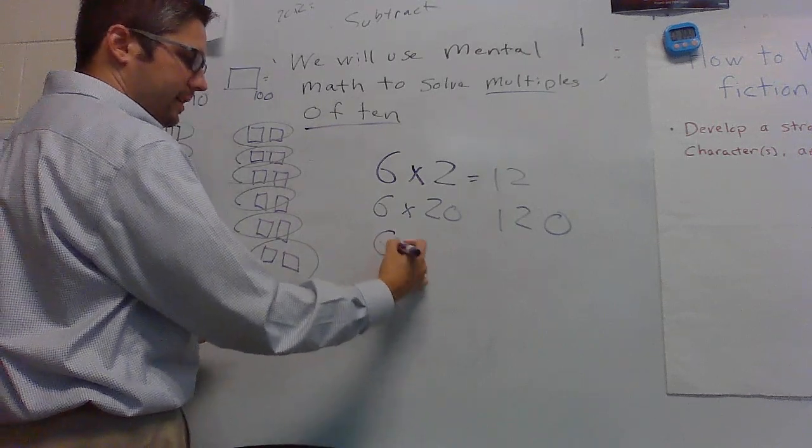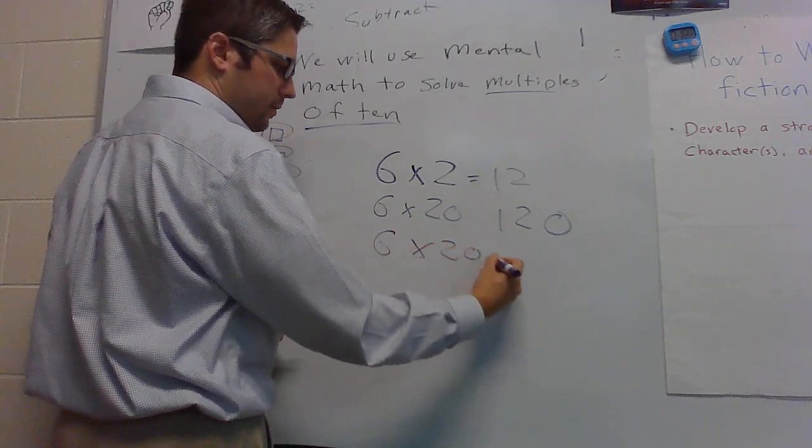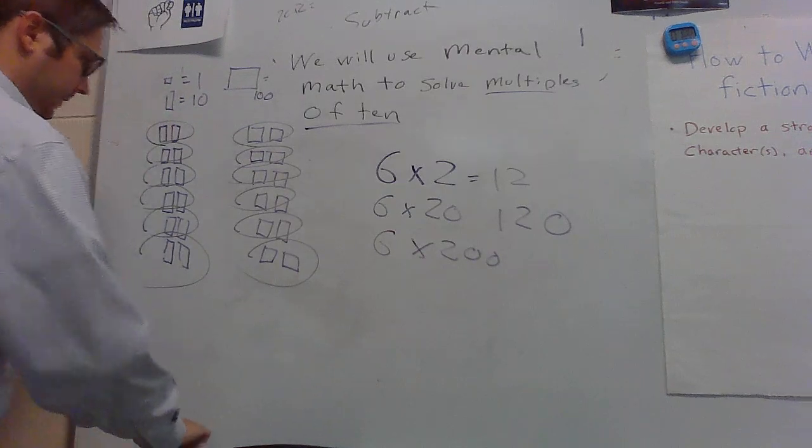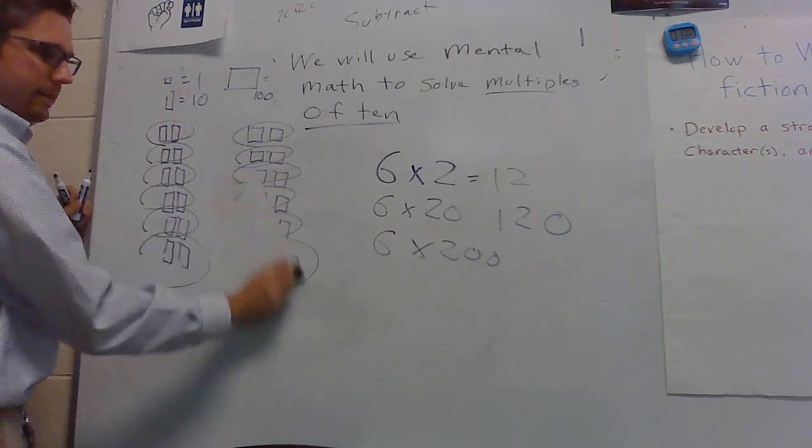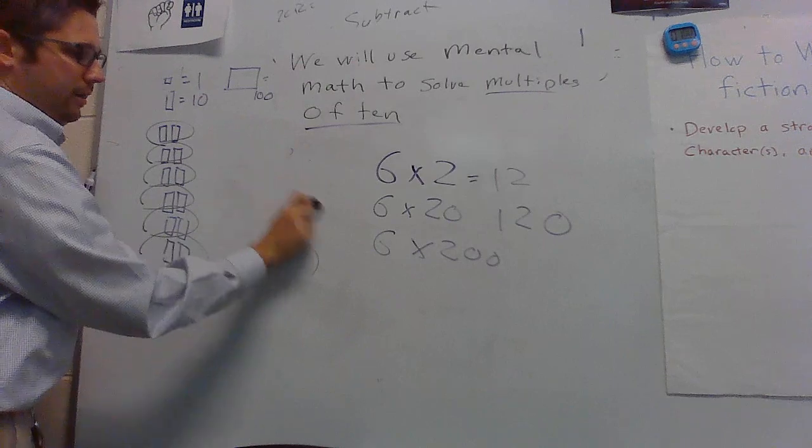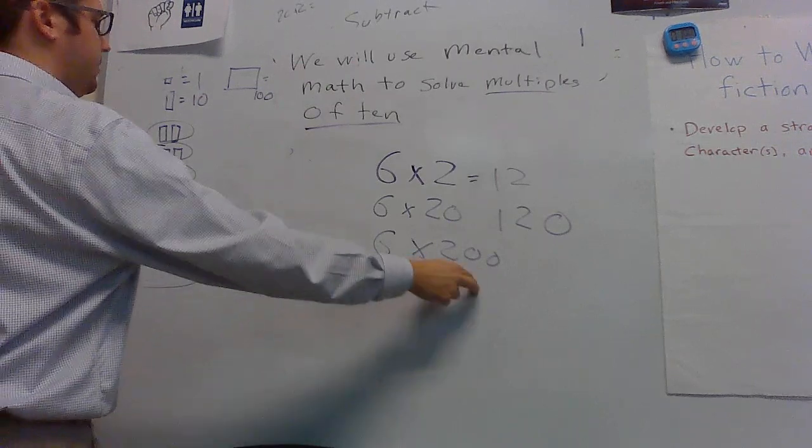Let's try something a little different. What if we did 6 times 200? Erase the ones. Now we're going to have 6 groups with 200 in each group.